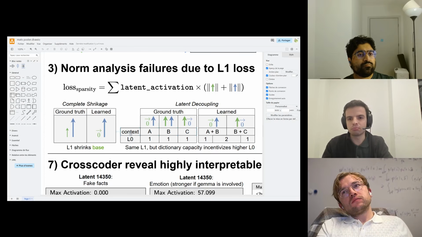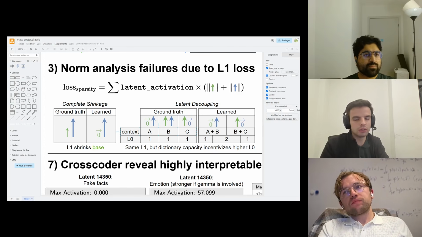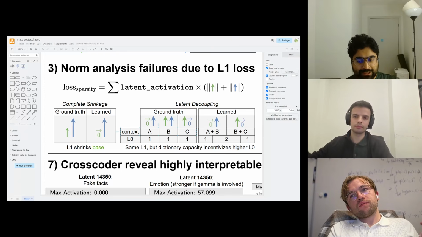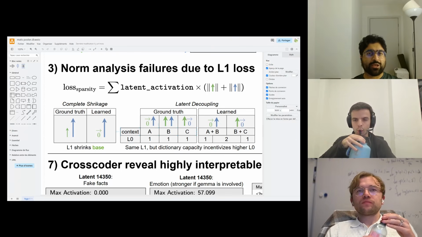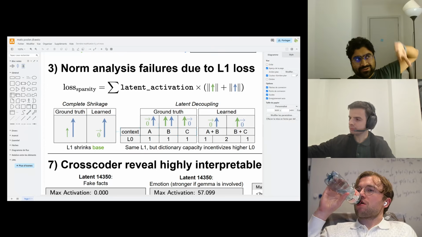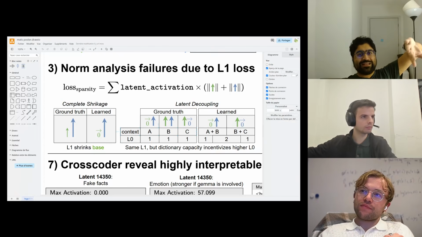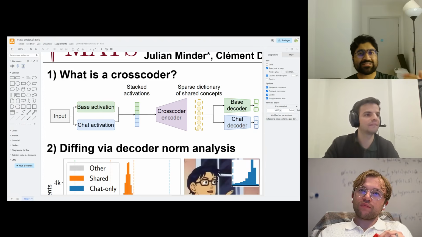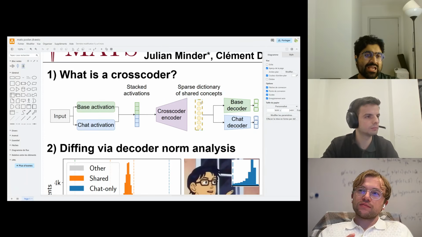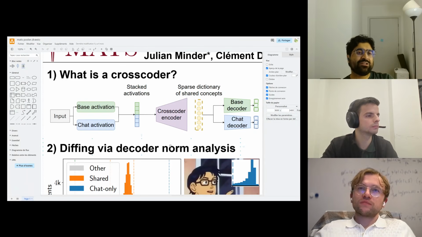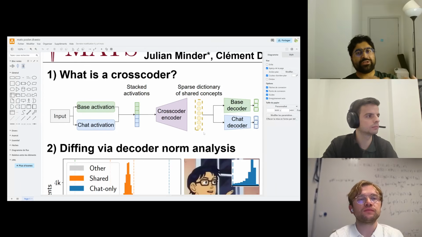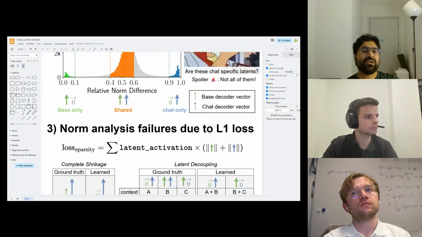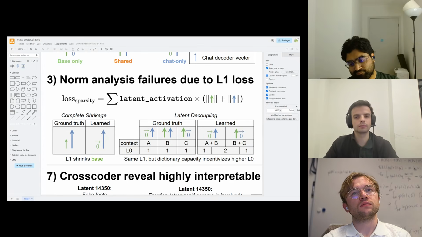Yeah, is that clear? Yeah, so maybe just to paraphrase that for people, you can think of a crosscoder like a base model SAE and a chat model SAE, but they share the concepts, they share the latent activations, and this means that each concept has a direction in the base model and a direction in the chat model. If it's not present in the base model, this vector should be 0.